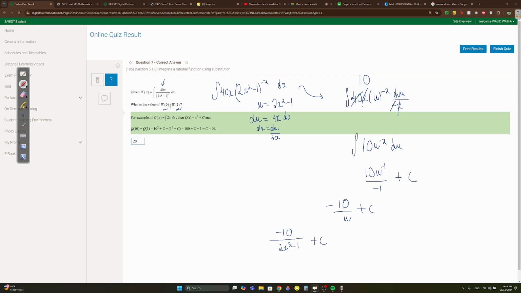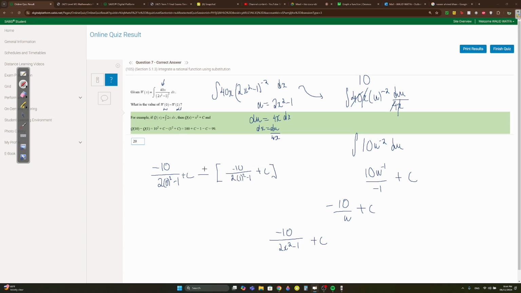Okay, w0 minus w1. So for w0, substitute 0: you're going to get minus 10 over 2 times 0 squared minus 1, minus, we ignore the c's here. If this is written, I don't think you have to show it, but on the safe side, just put plus c. Minus w1, substitute with 1: minus 10 over 2 times 1 squared minus 1 plus c.